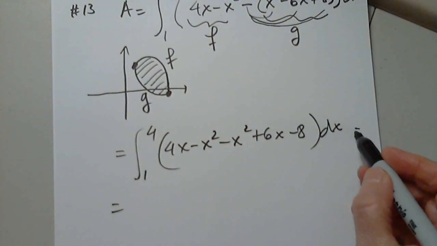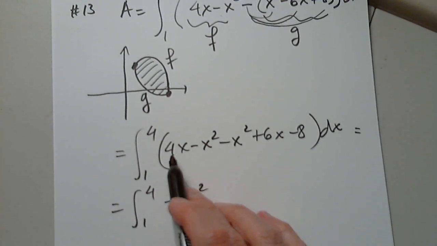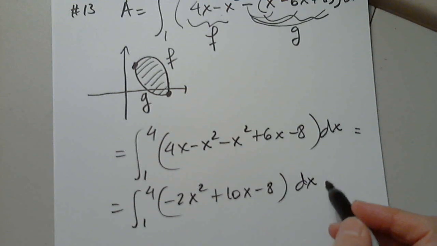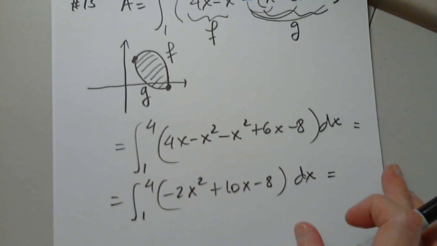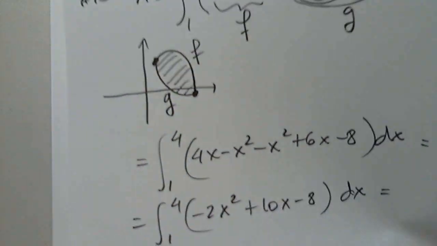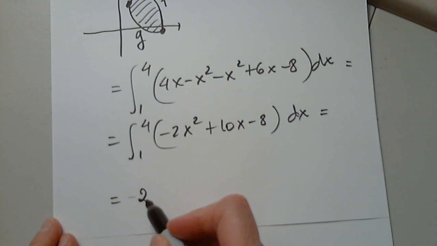So we have the integral from 1 to 4 of negative 2x squared plus 10x minus 8 dx. Yes, this is a continuous function on 1 to 4, otherwise I could not use the fundamental theorem of calculus.